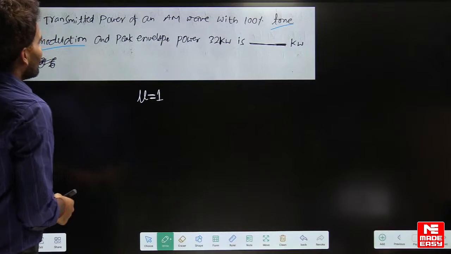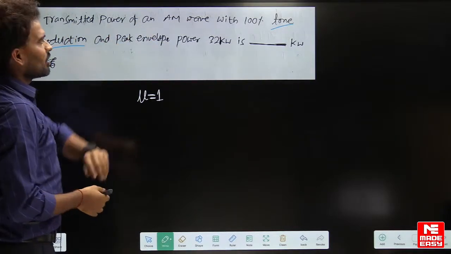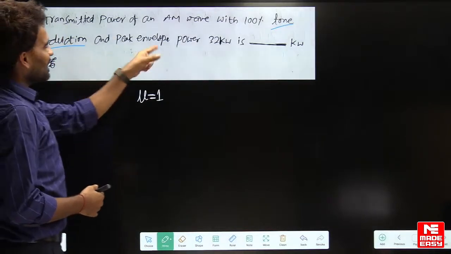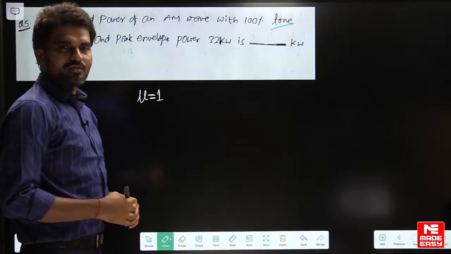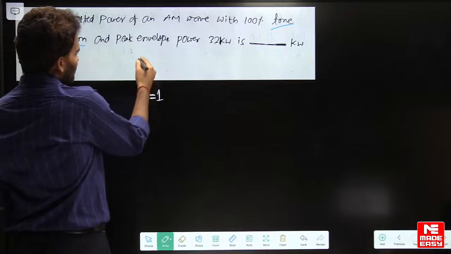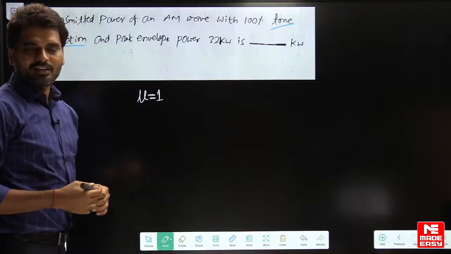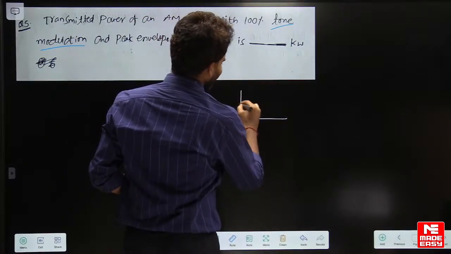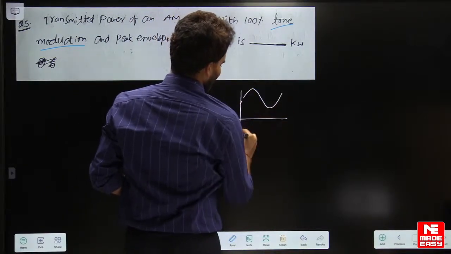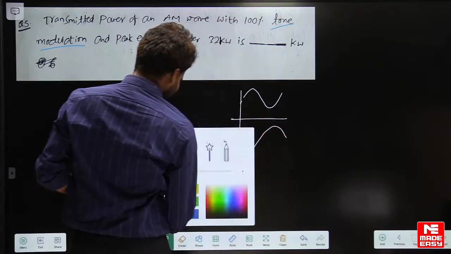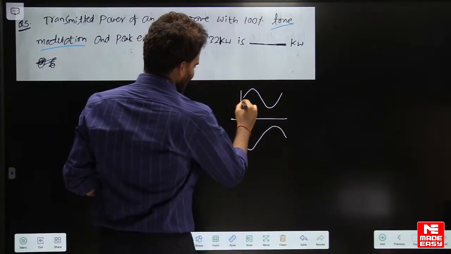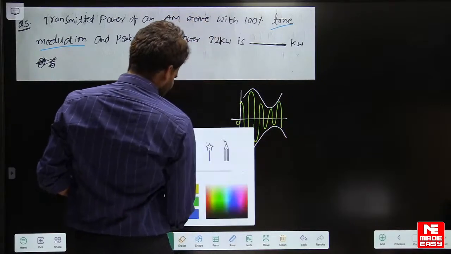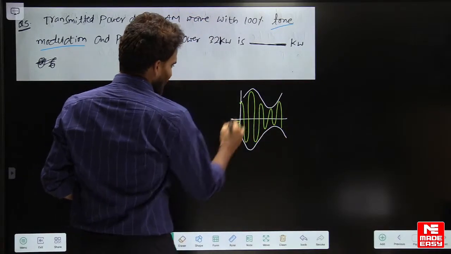So you have to find the transmitted power of AM, the power of the AM signal. And the peak envelope power is given as 32 kilowatt. What is the peak envelope of the AM signal? If you see the AM signal, this is the envelope here.